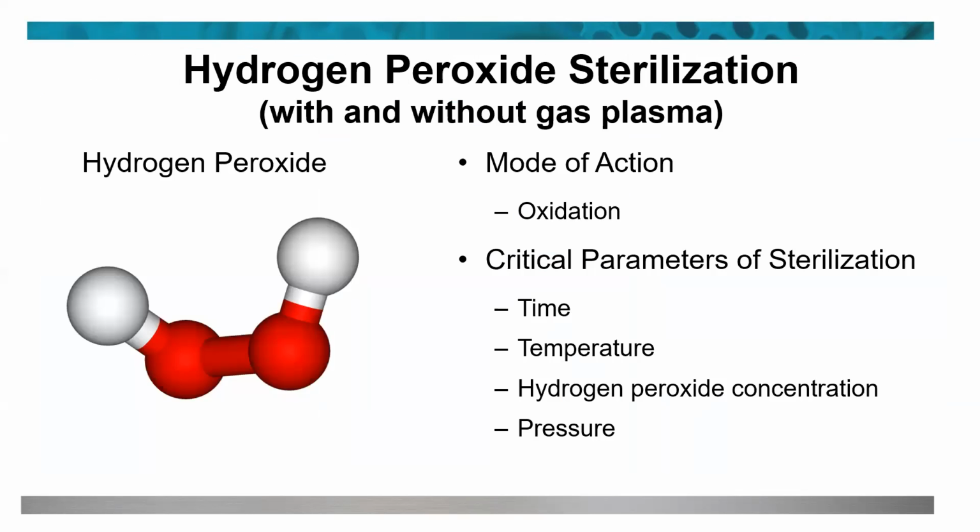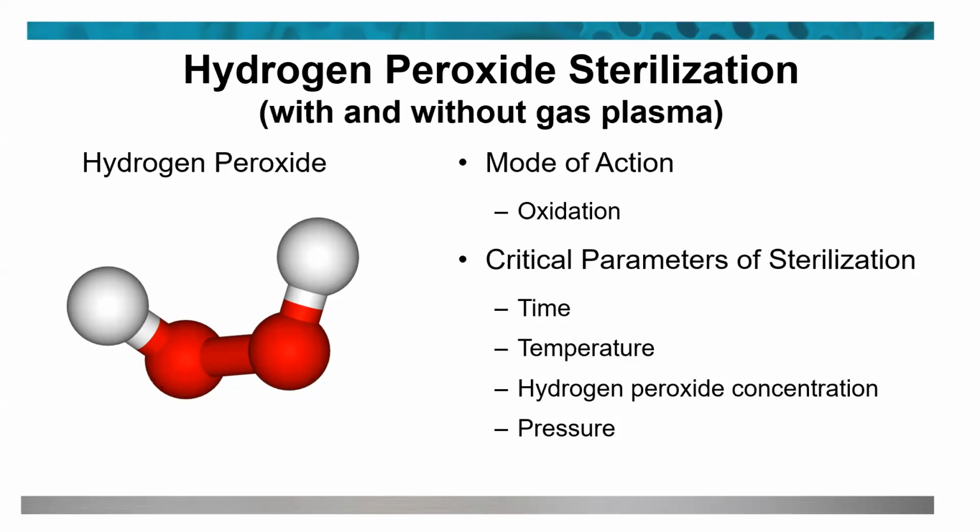So when we look at hydrogen peroxide with and without gas plasma, they both kill microorganisms through oxidation. Oxidation breaks apart the bonds within the proteins and the enzymes in the cell walls. The critical parameters are similar to the other sterilizations. We're going to look at time, temperature, the concentration of the hydrogen peroxide, and we want to look at the pressure too.